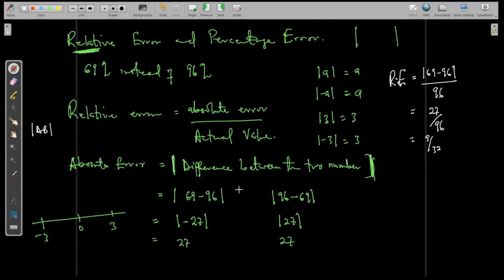Then the final thing is percentage error. Interestingly, if you don't know your relative error, you can never get your percentage error.